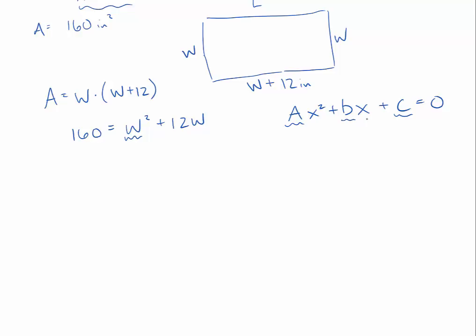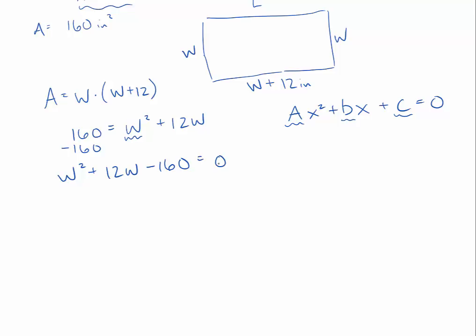And x could be x, it could be w in this case, it could be y, whatever. But if I'm solving for x, I need it set equal to 0. So I'm going to subtract 160 from each side. And when I do that, I get w squared plus 12w minus 160 is equal to 0.